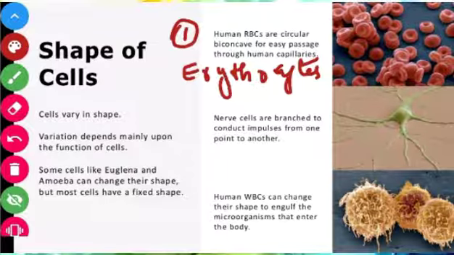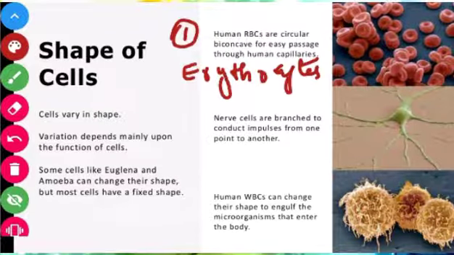Those blood supply vessels are called capillaries. In them the cells pass easily and fast, so that they can supply oxygen and other nutrients and minerals to the other organs. So it has a circular and biconcave shape.